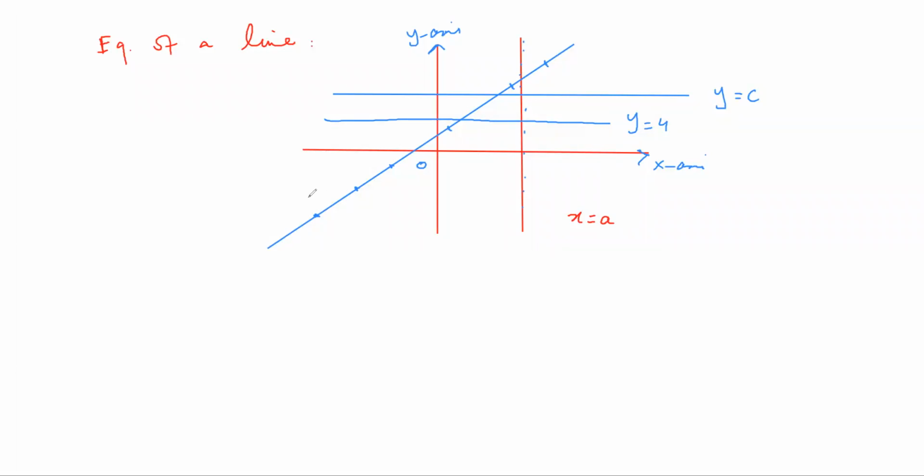The equation of the line is basically giving us the relationship between the Y and the X coordinates. Now suppose you have the equation of a line which is Y equal to X. So what would that mean to you? For each point on the line, the y coordinate and the x coordinate are equal.